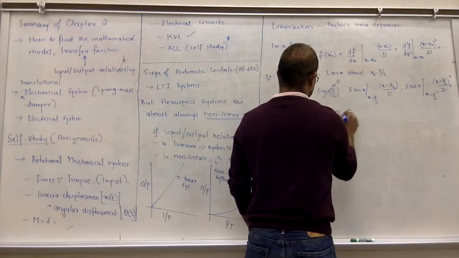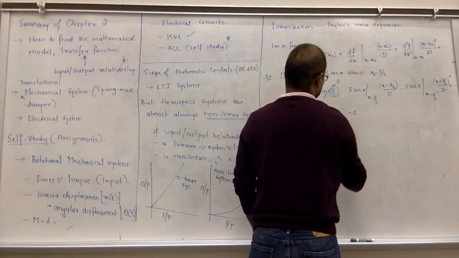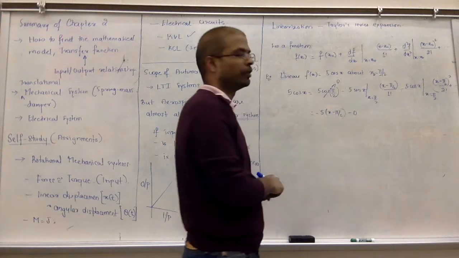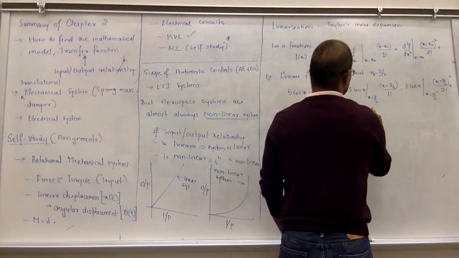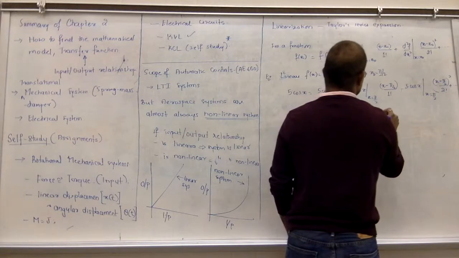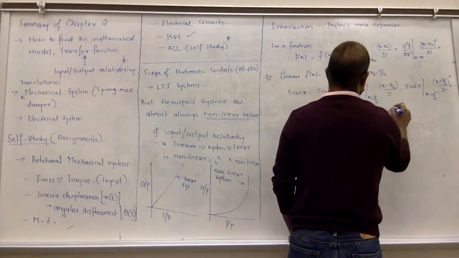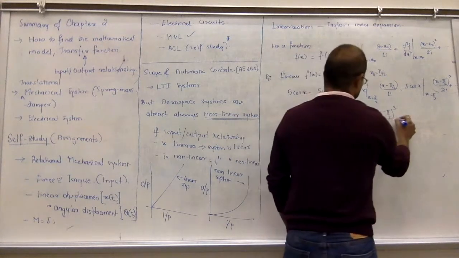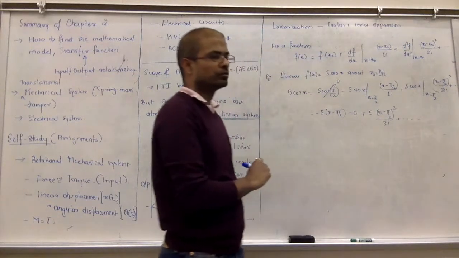So it's minus 5 times x minus pi over 2, minus 0. All the sine terms will have some value. It will be plus 5 times x minus pi over 2 cubed over 3 factorial, plus the next term.